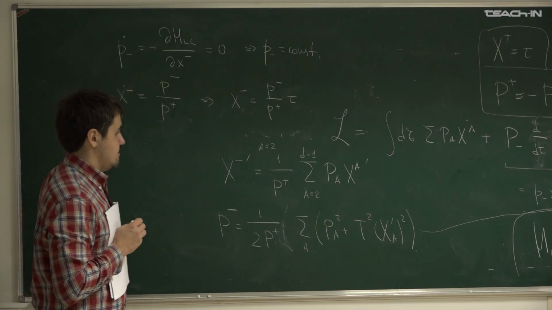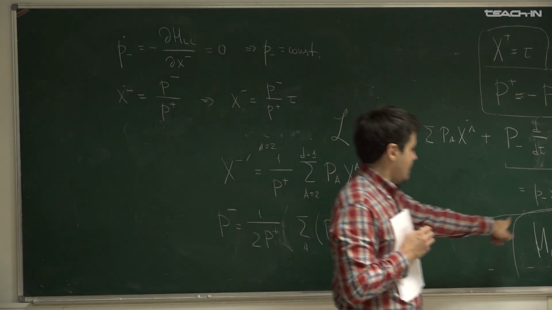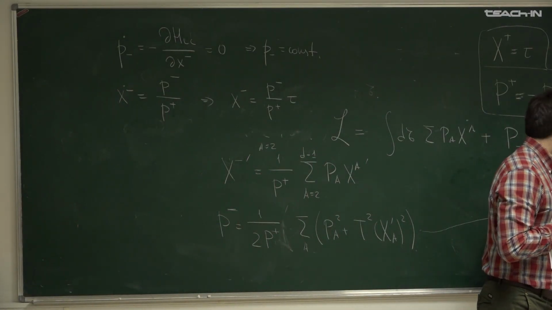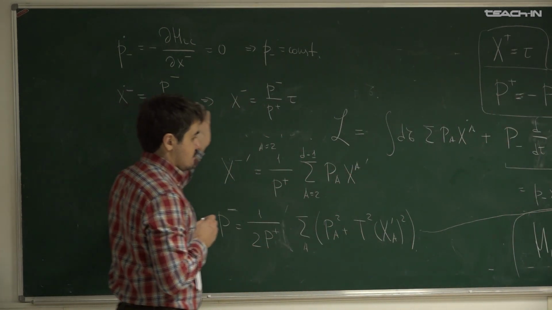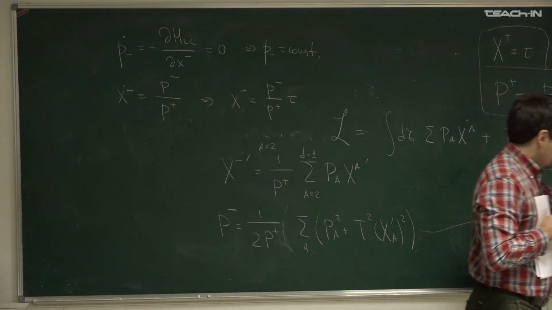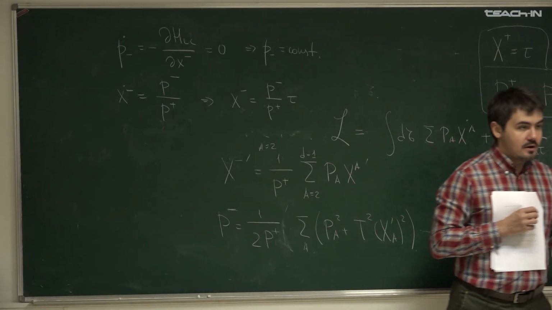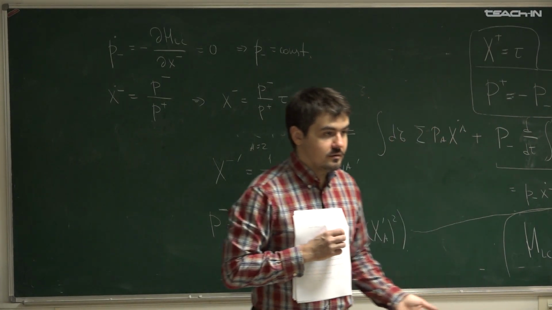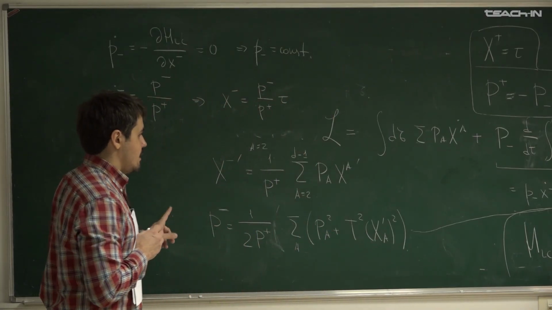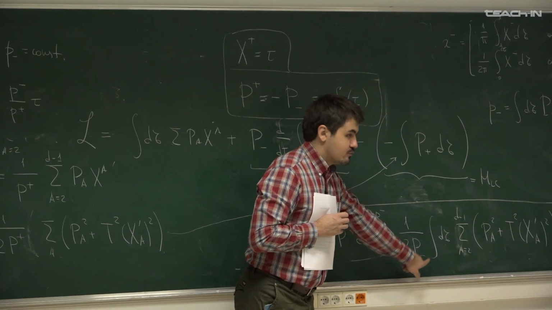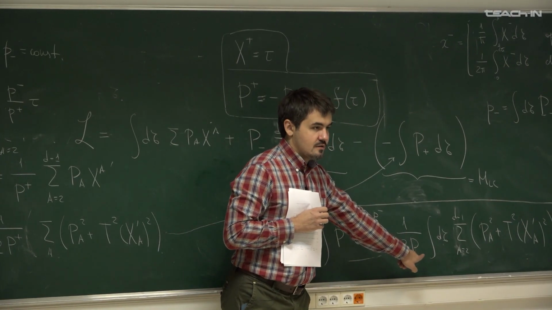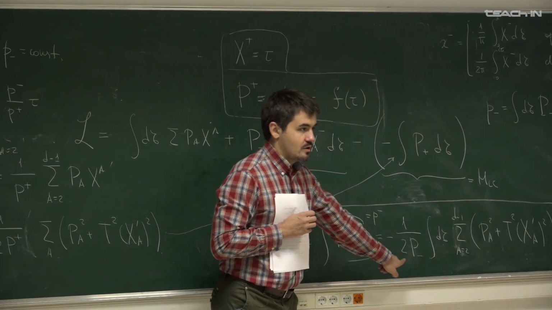Yes. Here I differentiate with respect to p small minus, but p small minus and p capital minus differ by a factor of pi or 2 pi. The reason why I keep p capital minus here is because I want this to be a universal formula for open and closed case. Otherwise, you get a factor of 2 somewhere.